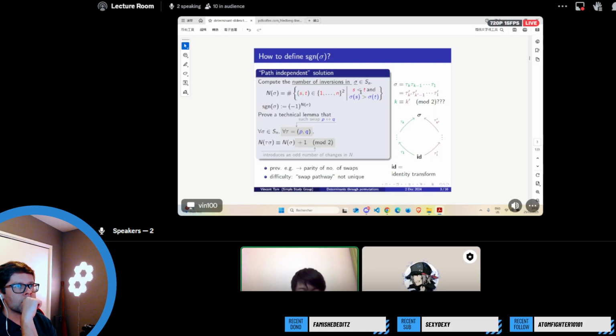What an inversion is, is that if in a permutation you have found 2 inputs, a smaller input and a larger input, but after the permutation, the smaller input's output has become larger than the larger input's output.